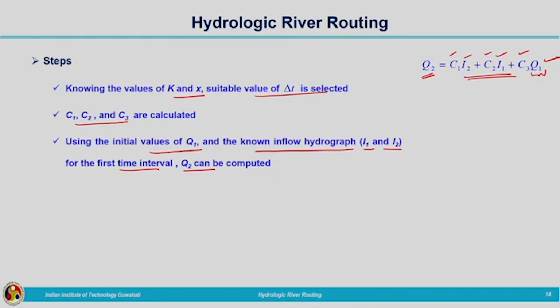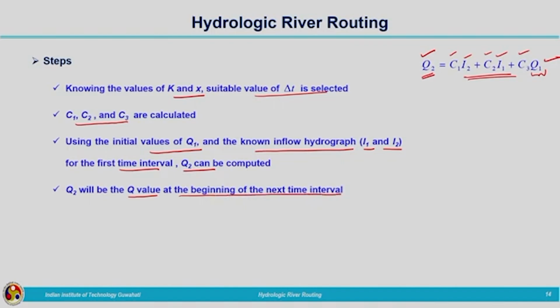That is known to us, that is the initial condition. So, I2, I1, Q1 are known, and by making use of the calculated coefficients C1, C2, C3, we can calculate the value of Q2. That is the outflow value at the end of the time step which we have considered, delta t, and this is the value which should be considered as the known value at the beginning of the next time step. So, Q2 will be the Q value at the beginning of the next time interval.